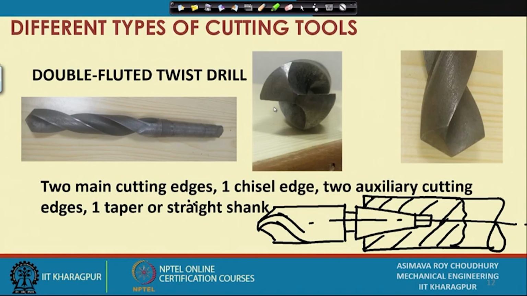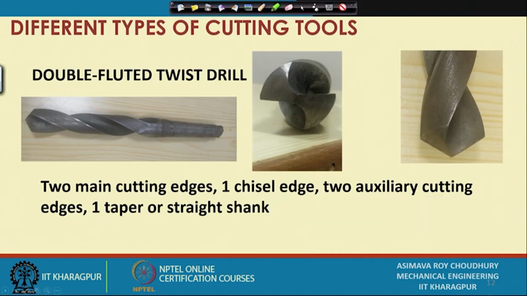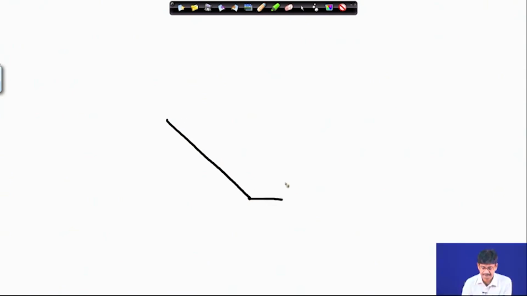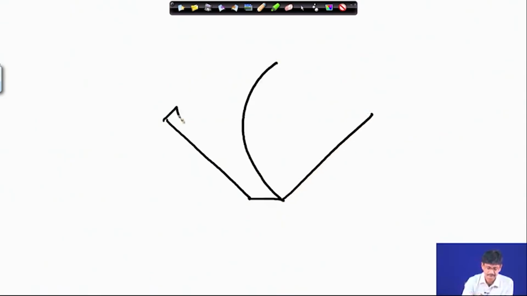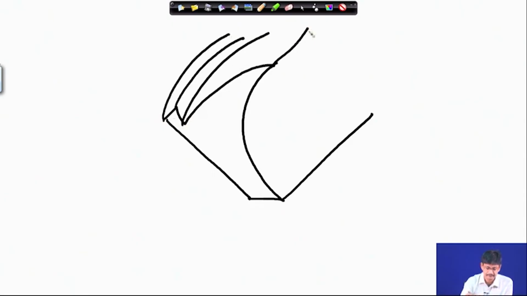Now, if we compare this with a single point turning tool, how would it look like? So, first of all, let us draw the drill.